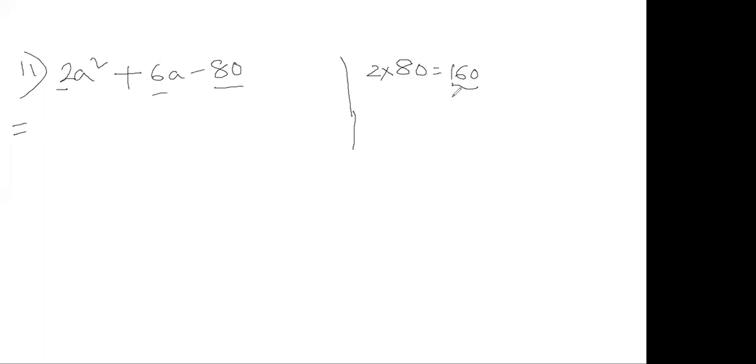So if you write the factors of 160 down, 2, 4, 8, 10, 16, 20, and so on, like 40.